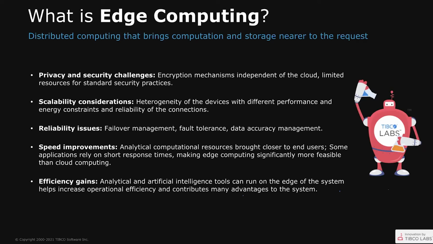You can have reliability issues. Some of the devices might be down, so you have to have failover management, fault tolerance, etc. All that in the cloud is slightly less impactful, even though you also have to take some of that into account, right? But it's a different model at that point. You also have to look into speed improvements.